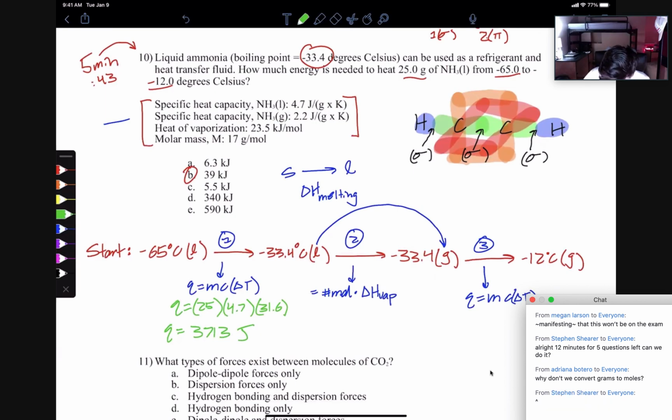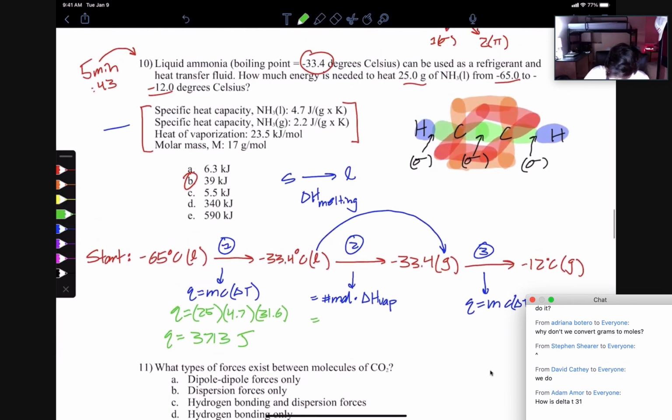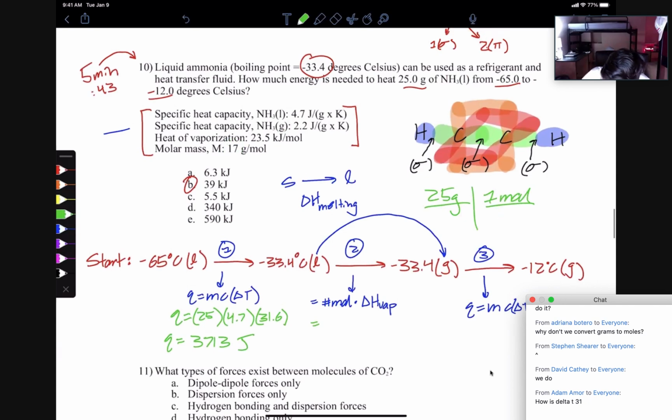So we got that. Next up, we need to do the second step where we vaporize it, okay? So we do the number of moles. We need to solve for that. We get 25 grams, and in 1 mole, that's given to us right here, the molar mass is 17. So 17 grams.